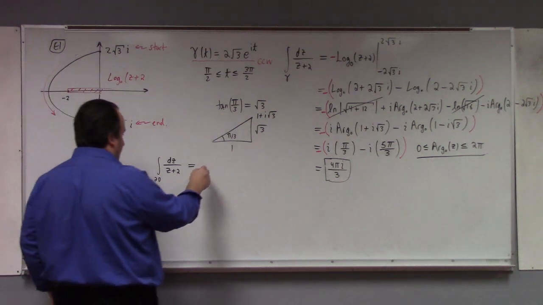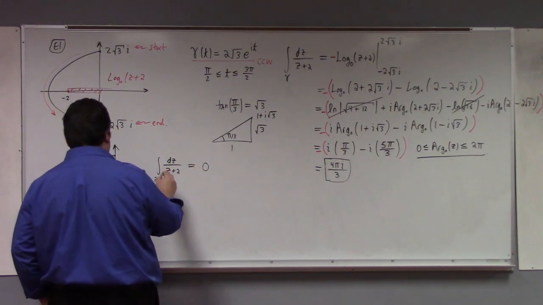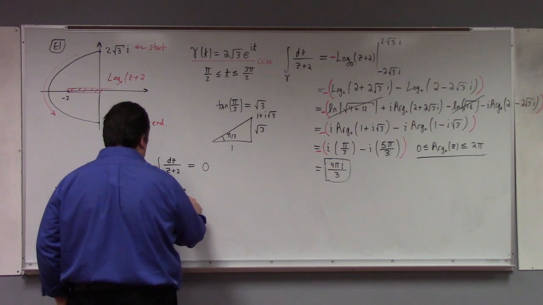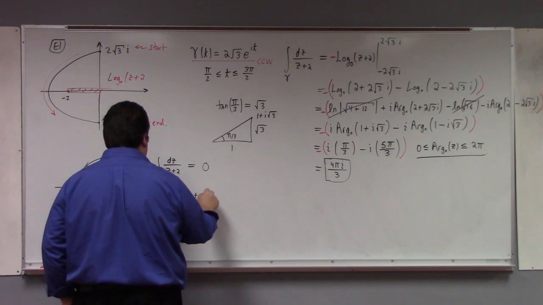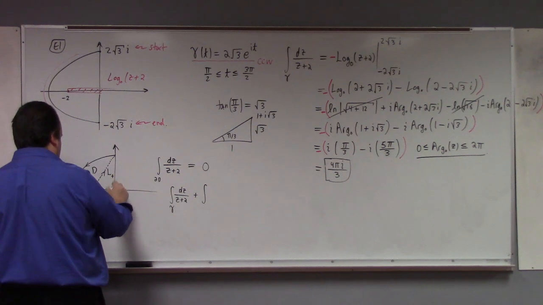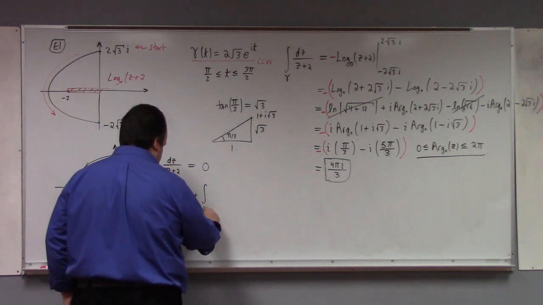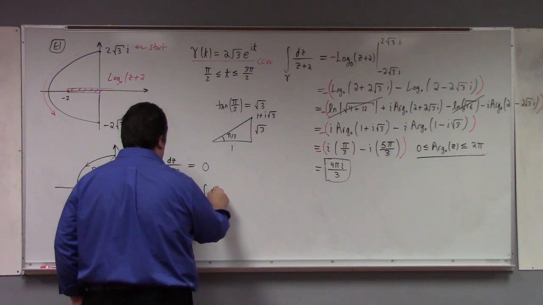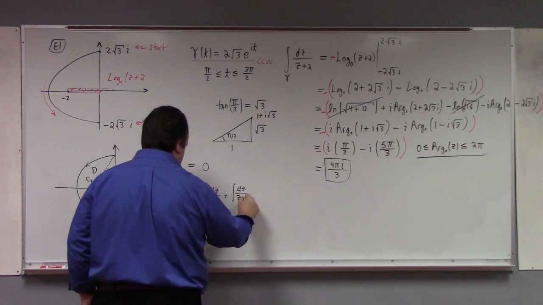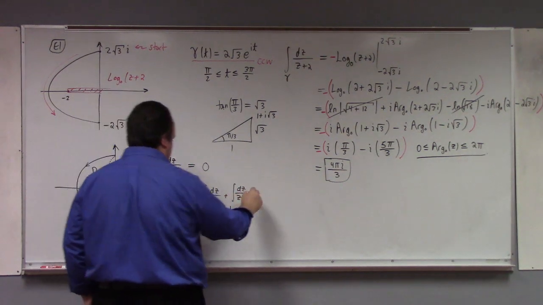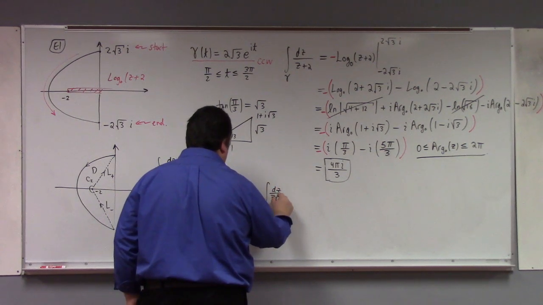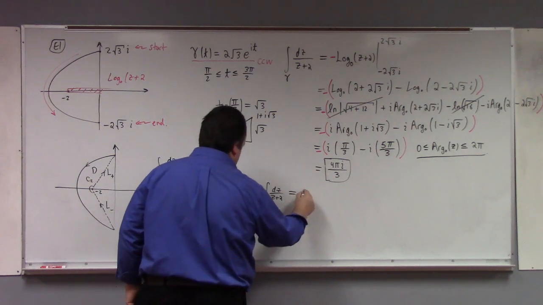On the other hand, we also have the integral along gamma of dz over z plus 2, plus the integral along L plus and L minus of dz over z plus 2, plus the integral over C epsilon of dz over z plus 2. This should all be equal to 0.